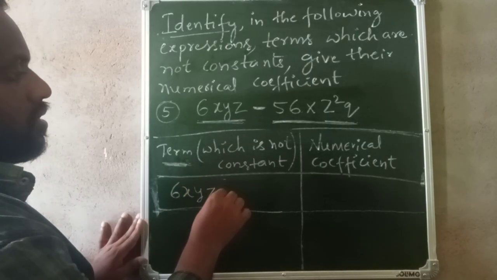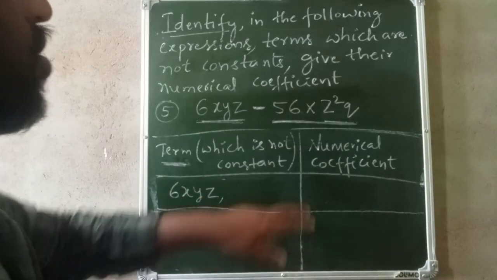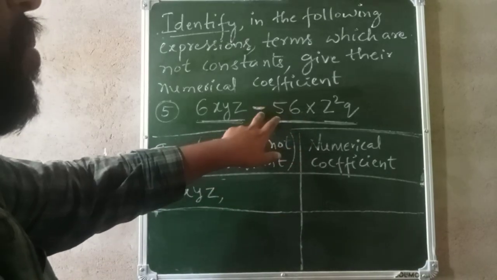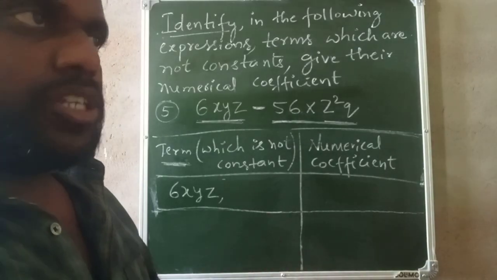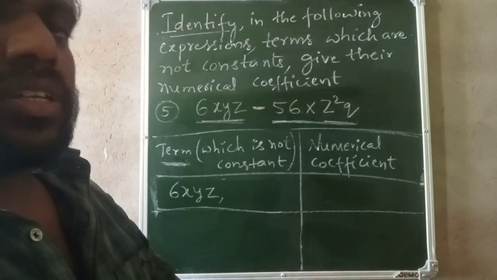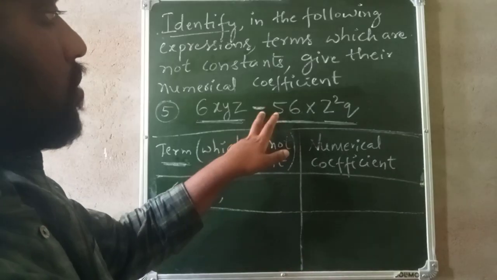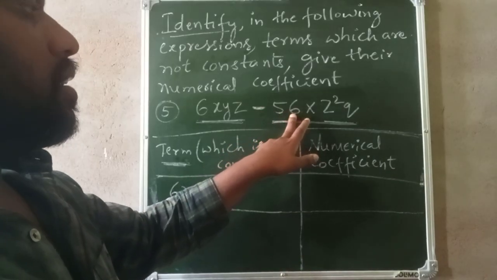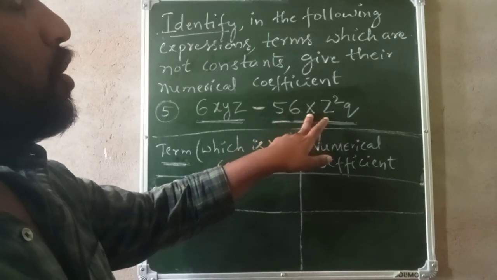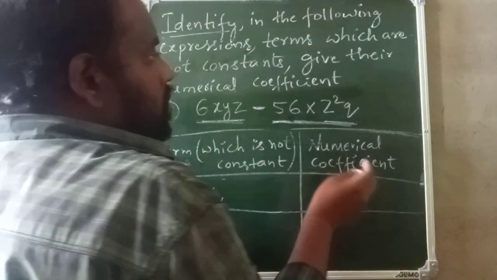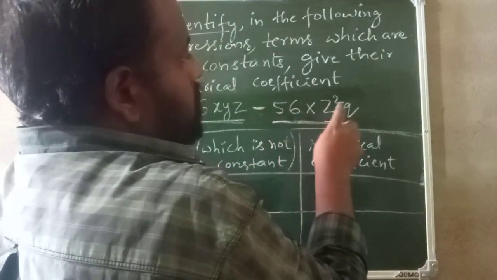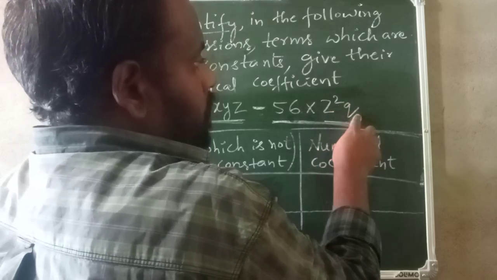6xyz. Next, 56 is there, I mean minus 56 is there. If there is only one number minus 56, then that is constant. But along with minus 56 we have variables. Even if into is there, along with minus 56 variables are there, z square and q.